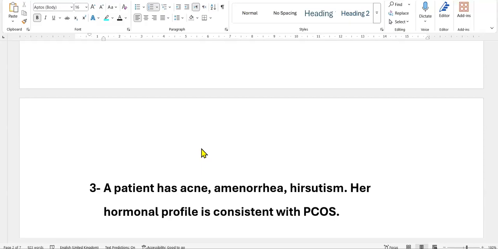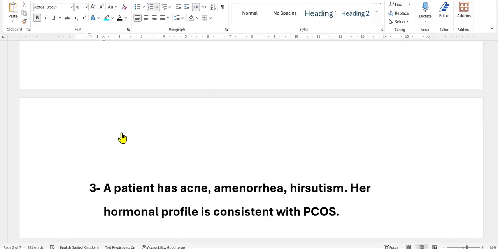What is the simplest word that we can use instead of cyst? Any idea, doctors? Maybe bag. Oh, no, not bag. Any idea, doctors? Swelling or sacs.